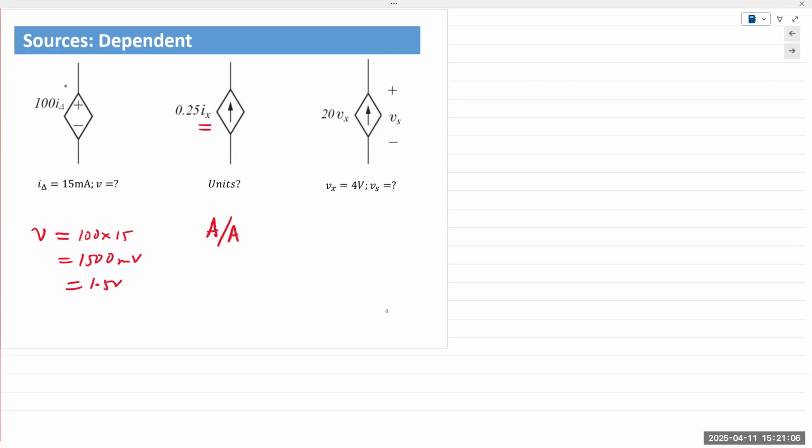Hence the units amps over amps. So it's a ratio. It is dimensionless. There's no units for this second example. Make sense?